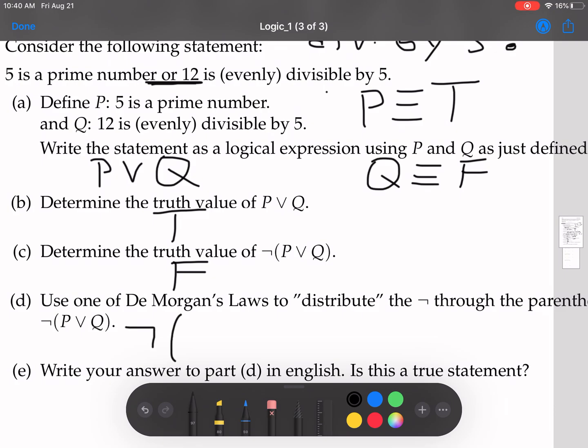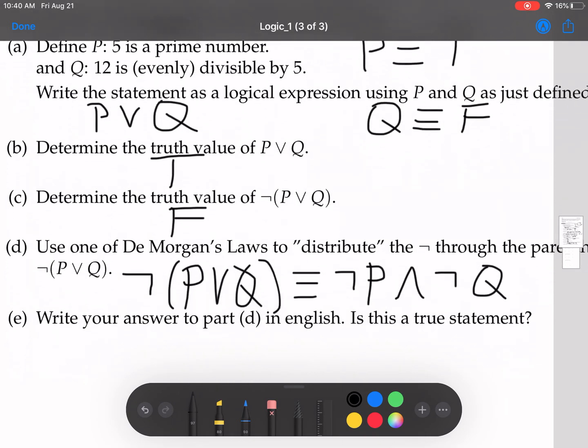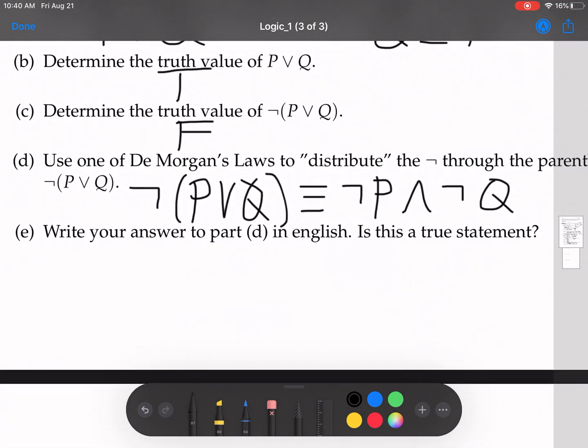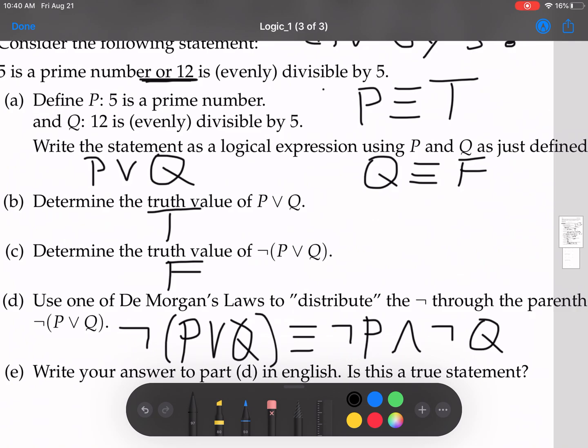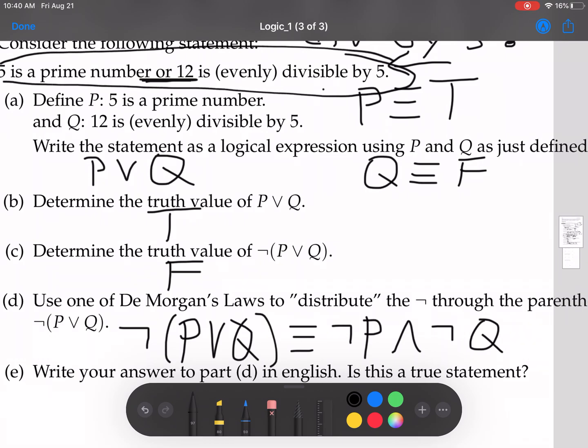We know that not P or Q is equivalent to not P and not Q. So we transfer from the world of plain language to the world of logic.